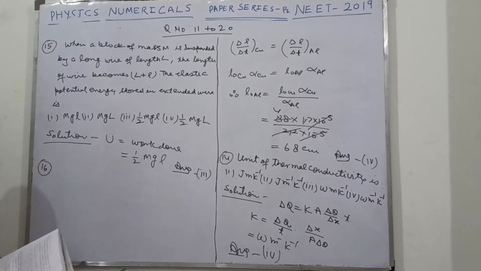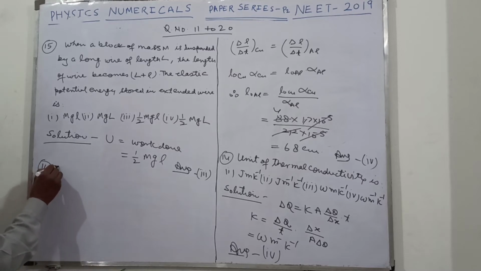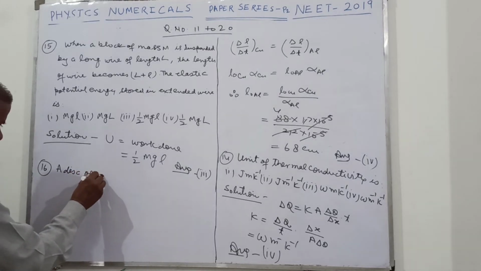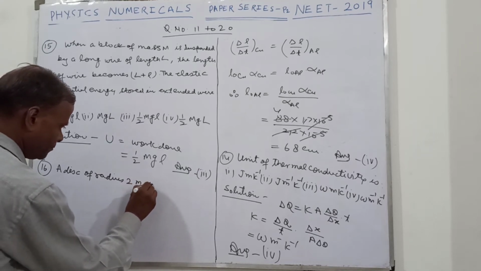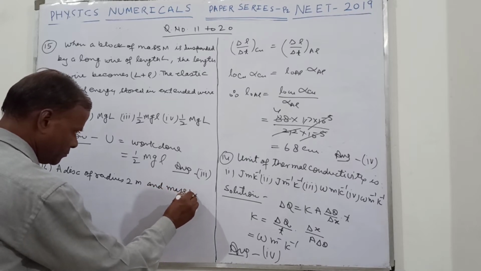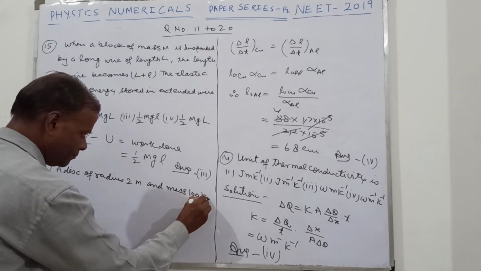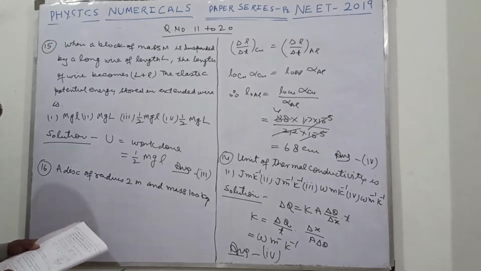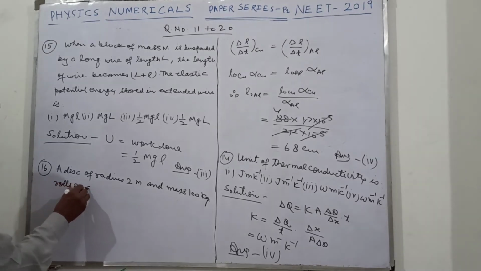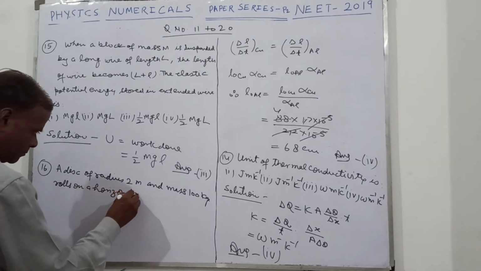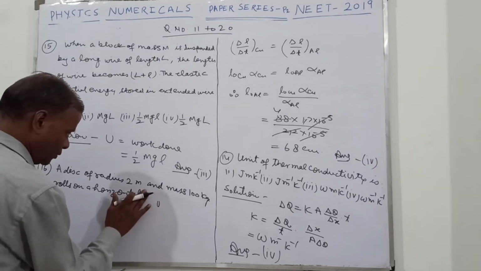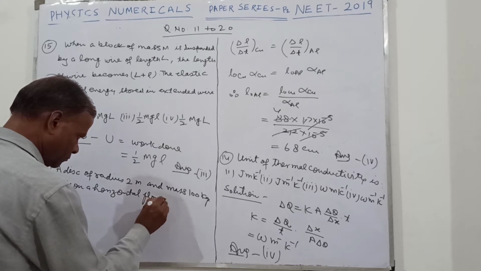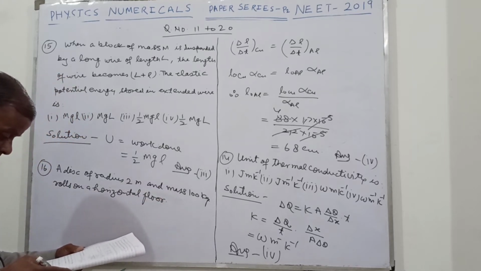And now question number 16. A disc of radius 2 meter and mass 100 kilogram rolls on a horizontal floor.